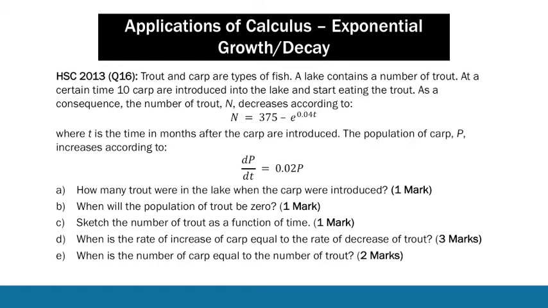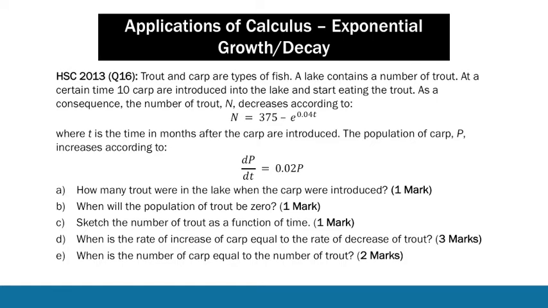So the scenario is that we're given a lake and it contains a set number of trout at the start when we start. Then at a certain time, we introduce 10 carp, and what that does is the carp starts to exponentially grow. Their population is subject to exponential growth, whereas the trout starts to exponentially decay.